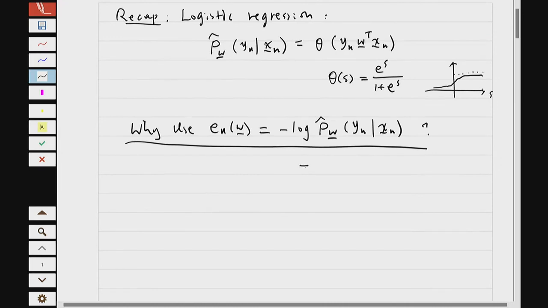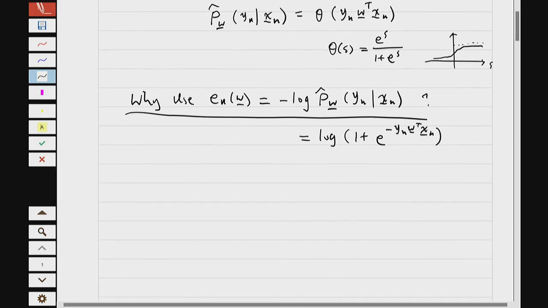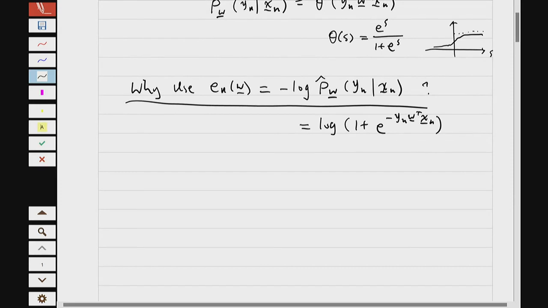But let's again write this in a bit more detail. So this one turns out to be, we showed last time that when you substitute the sigmoid function into this p, that's what we get. Right? It's an easy derivation. So today we're going to talk about a bit deeper mathematical reasoning behind this function.